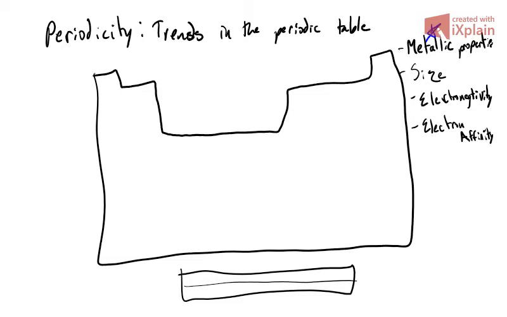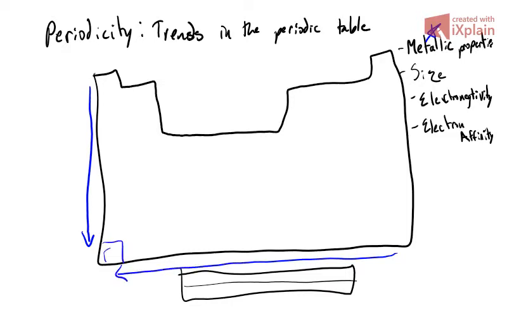Okay, the metallic properties of an atom or an element increase as you go down and to the left. So francium right here is our most shiny metal that we could probably find. It's synthetic, it doesn't stay around for that long, but if it did, it would probably be a very, very shiny metal.